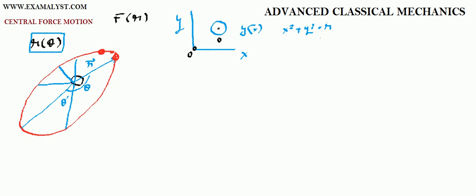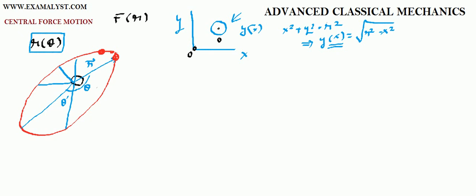Now you see y can be written as a function of x. How? Look at this expression. From the same expression, a little bit of algebraic manipulation gives me root over of r square minus x square. Agreed? So what does this mean? This means that if I know y is a function of x, then I can easily predict what type of diagram I will have on the xy plane.